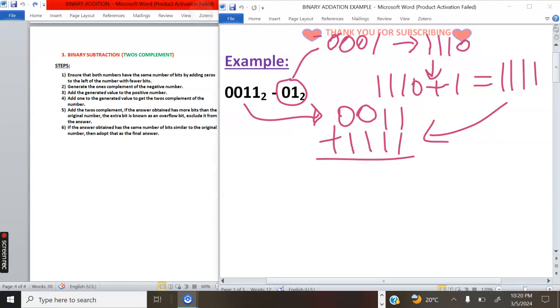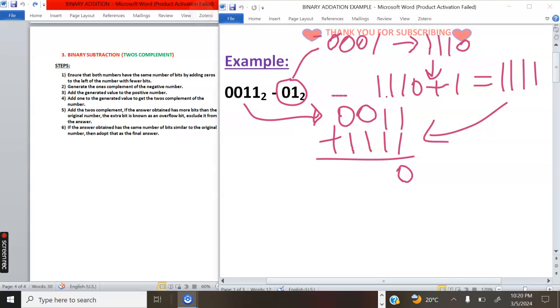Now we need to remember the rules of addition. 1 plus 1 is equal to 1 0. Therefore, you write 0 and carry 1.